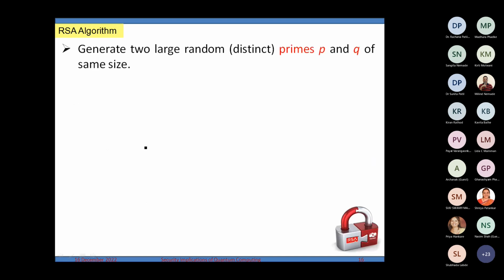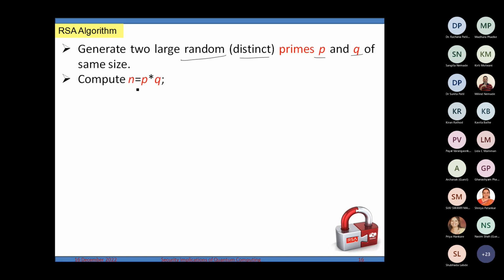What is this algorithm? The algorithm goes this way. First step is we generate two large distinct prime numbers p comma q. Remember, p and q should be of same size.